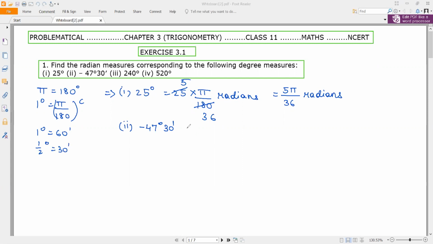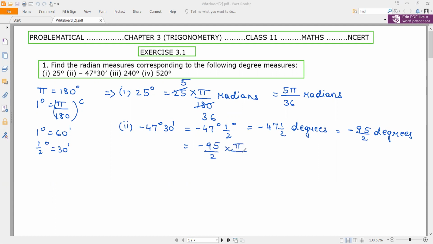So this is minus 47 and 1 by 2 degrees, which is equal to minus 95 by 2 degrees. Now 1 degree again is equal to pi upon 180 radian. So it is minus 95 upon 2 into pi upon 180 radian.